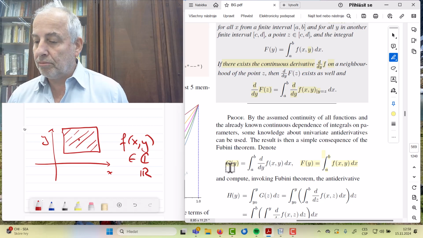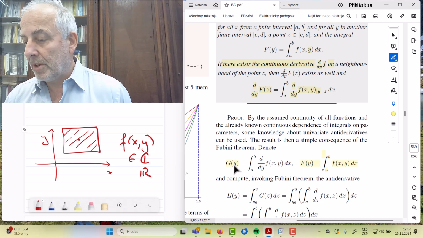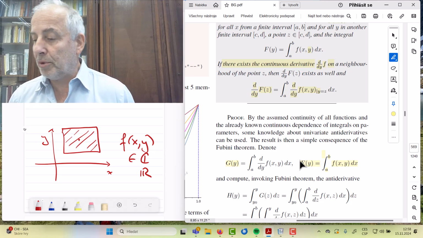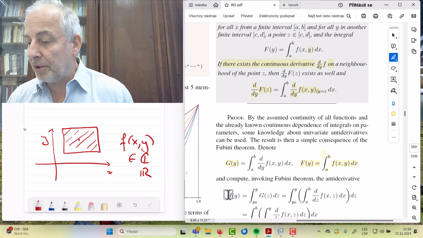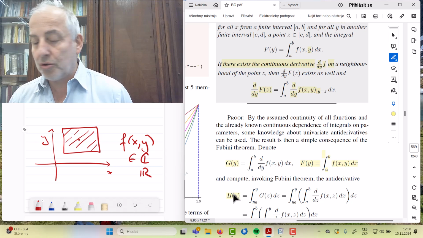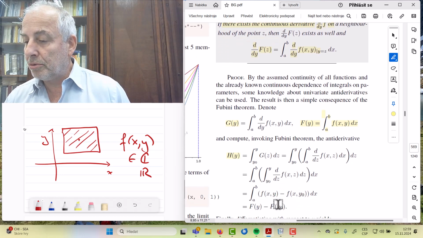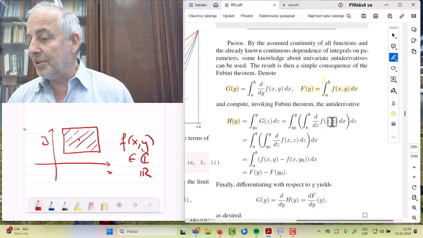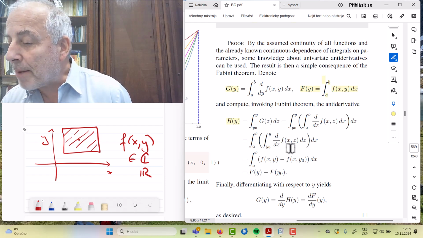So we can integrate the g, because the derivative of the original guy should be g, so f should be the antiderivative of g. So we write the antiderivative of g as h. We write it, we compute using the Fubini theorem. And the usage of Fubini theorem just reveals what's happening here, right?